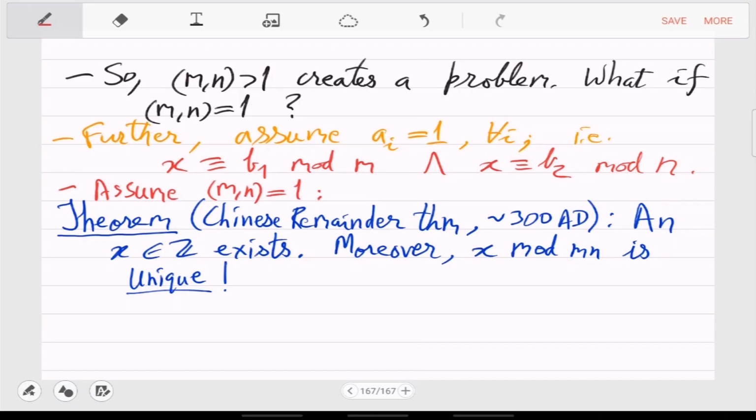So in the following, we are assuming m and n to be co-prime. In that case, there will be an x such that x is B1 mod m and x is B2 mod n. Moreover, it will be unique if you look at its residue mod the product, which is mn.